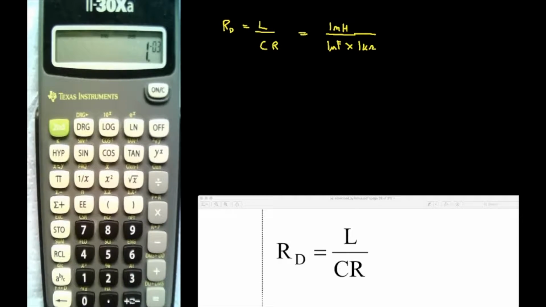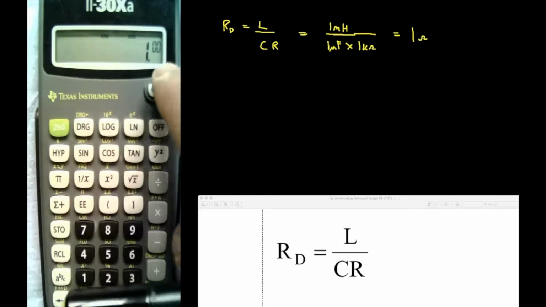Now I'm going to divide that by the top, which is the wrong way round, but I'm going to say divided by 1 EE3 change sign, equals 1. Okay, that's the dynamic resistance.